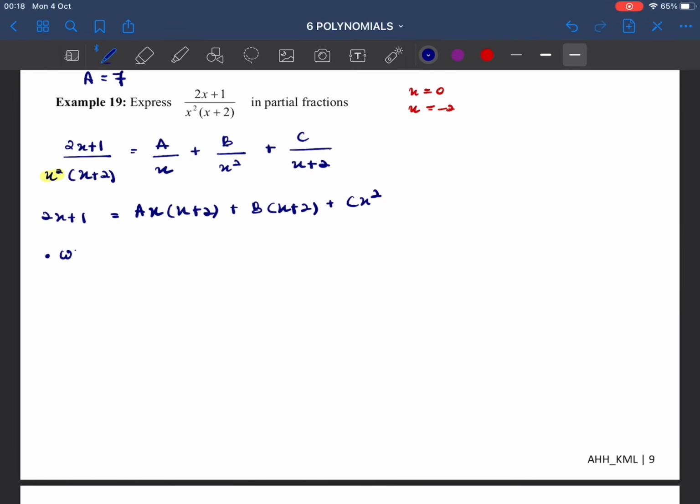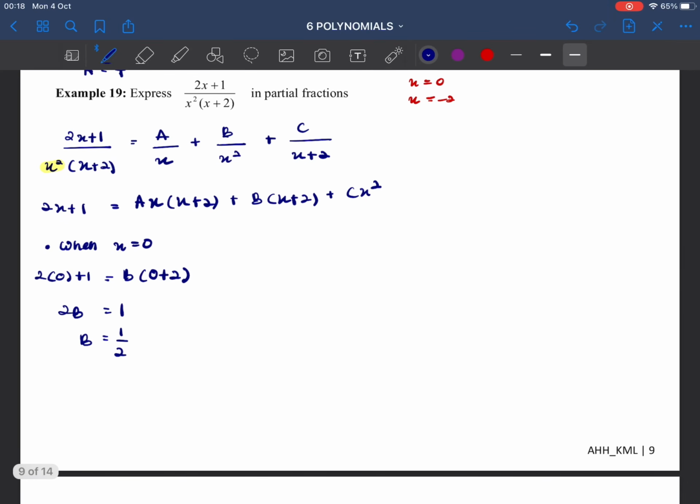So we are going to substitute both of these first. When x equals to 0, substitute 0, left hand side, right hand side. If you substitute 0 here, everything will be 0. Substitute 0 here, everything will be 0. So don't waste time, substitute only the middle one. b times (0 plus 2). So you will have 2b equals to 1. b is equals to 1 over 2.